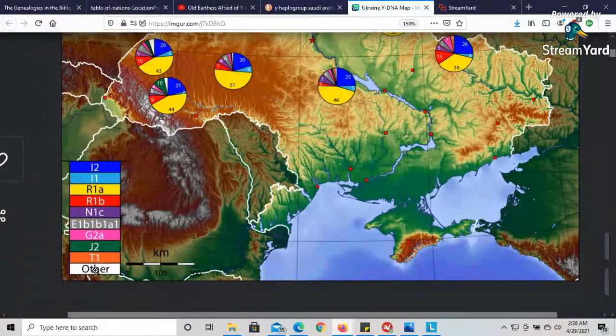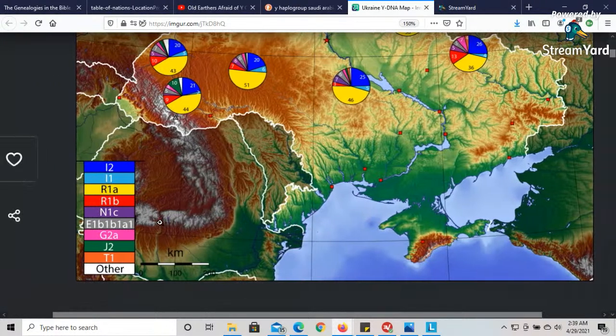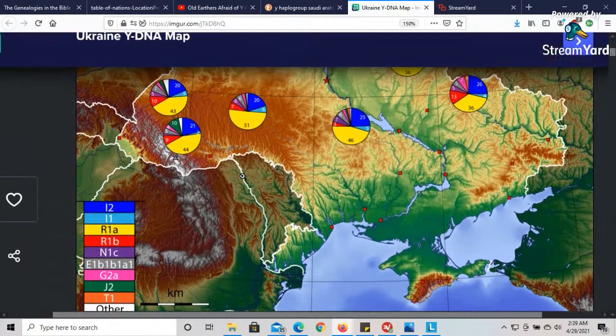T1 is Javan, which is down in Greece, but they mixed in with Israel in the days of King Solomon before Israel and Judah separated. So this T1 is very interesting. It's an interesting signature of the Jewish people, which always seems to be present. So this is what we need to look for. We'll look for the J2, the T1, the G is also present.